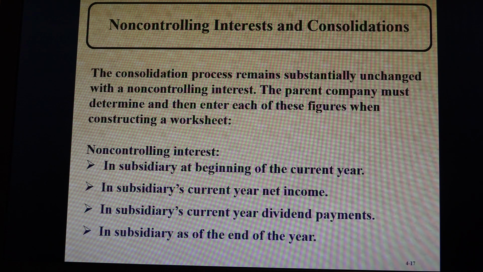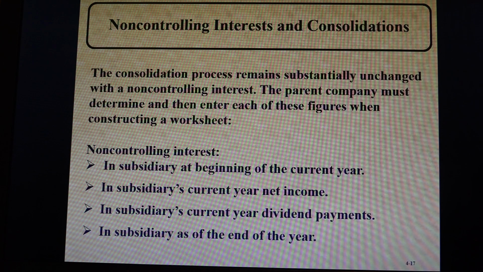What you're doing here is you've got the beginning interest of the non-controlling shareholders. To that, you're adding their portion of the subsidiary's current year net income. That adds to their equity in the sub.